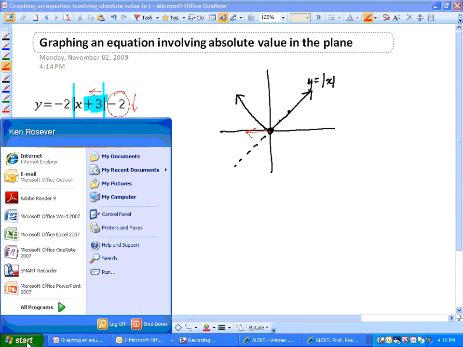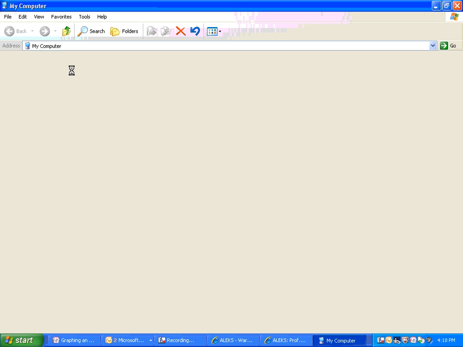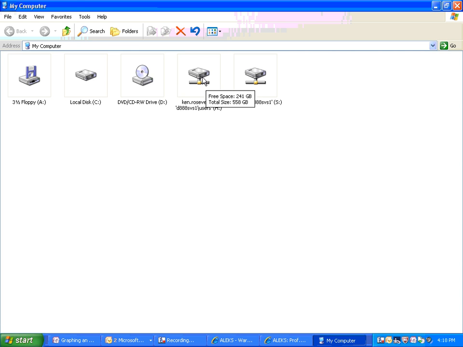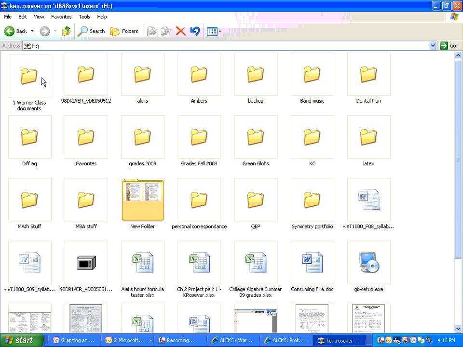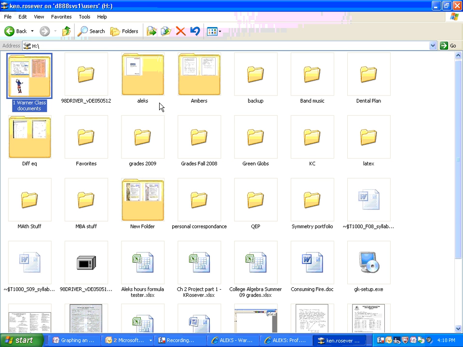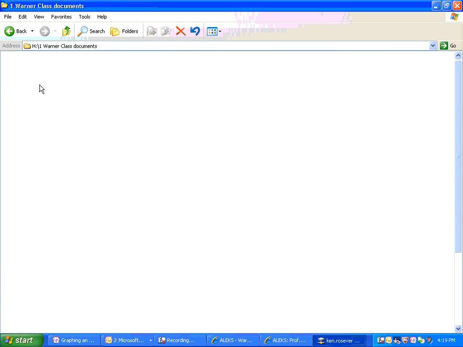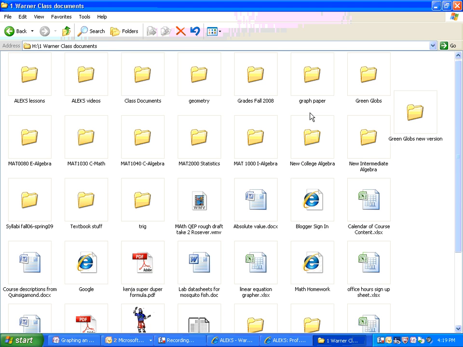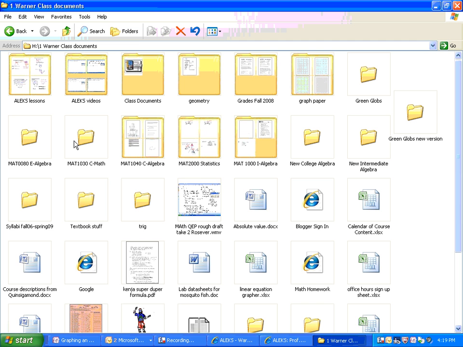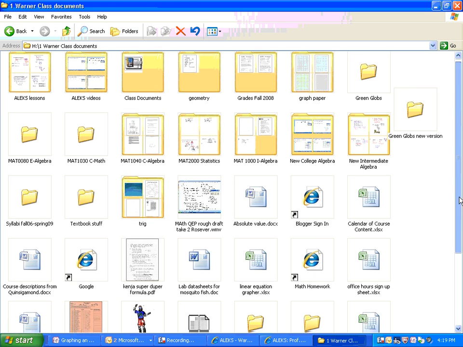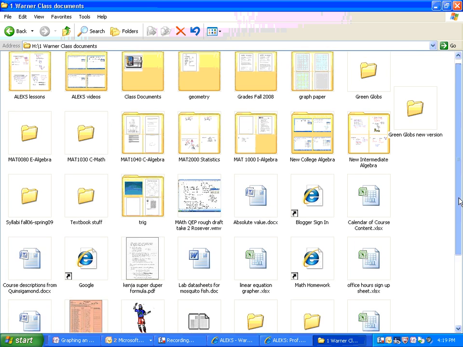Let me do one thing. I'm going to go to my computer, and I should have had some graph paper up already, but I didn't. Come on, be a little slower. All right, graph paper. Where would I have put that? There.